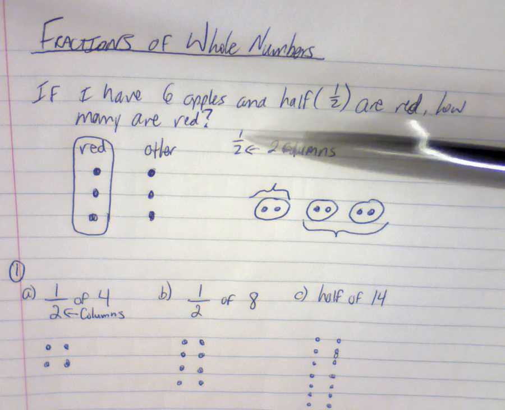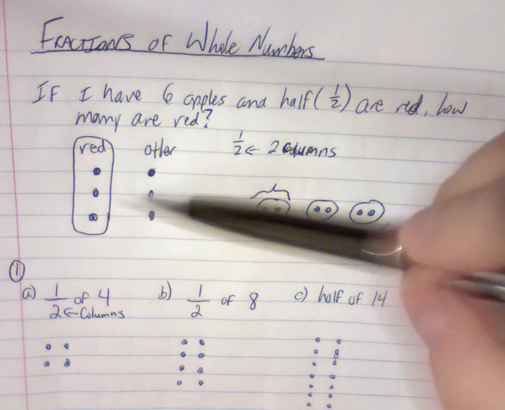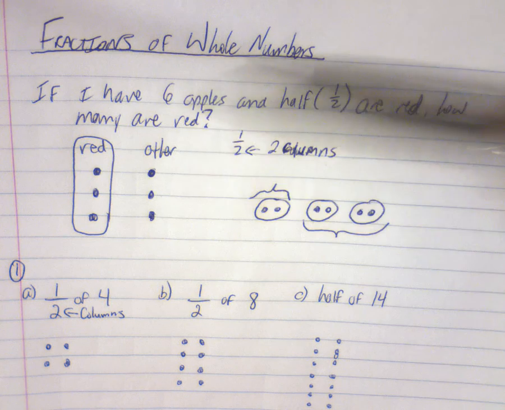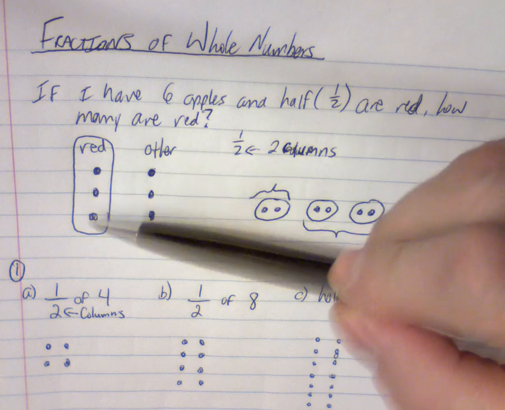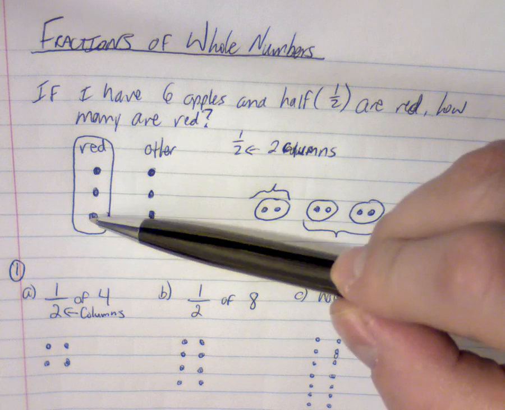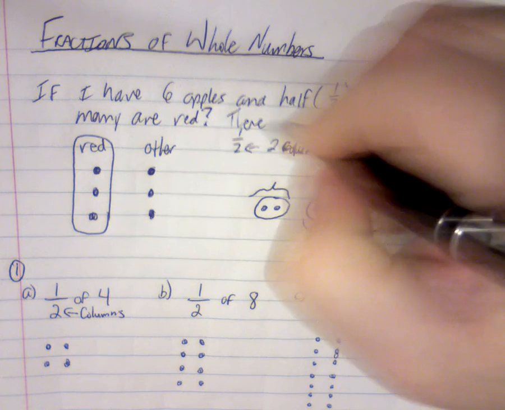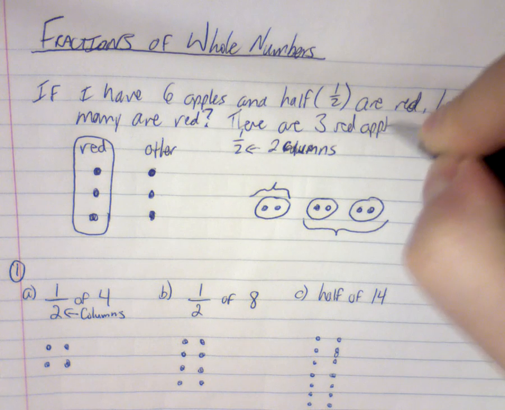And one of the columns is going to be the red apples. So I'm taking the liberty of drawing them out for you. We got 2 columns. You count up to 6 because there's 6 apples. And so we got 1, 2, 3 that are red. So how many are red? There are 3 red apples.